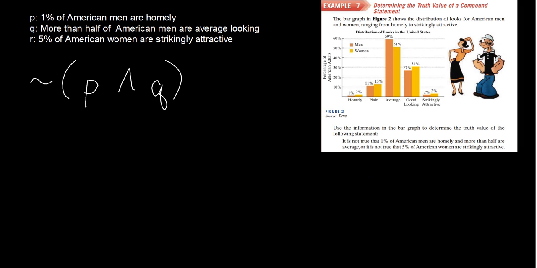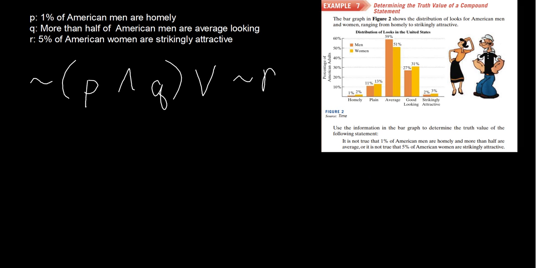And now we have the comma, so we're going to say or it is not true that 5% of American women are strikingly attractive. So we're going to just simply say not R. Right. So this is what we built up, and now we're going to be looking at the graph. Okay. So we're going to just start here.